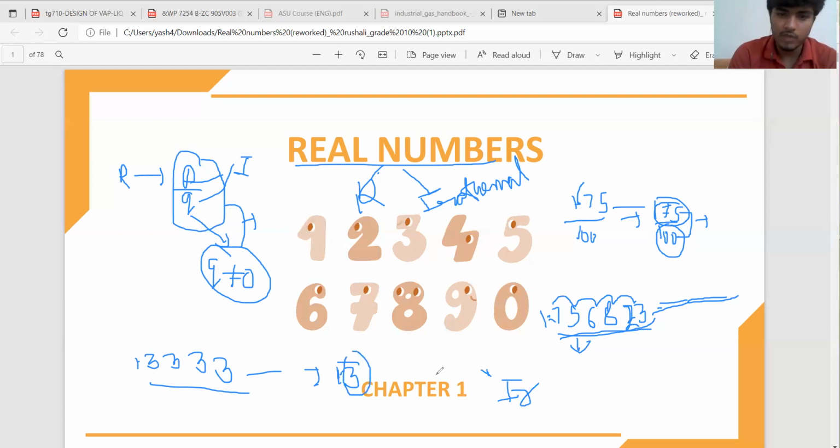If the repeating part is 75, we put the bar on 75. So we have a number like 1.333, which is non-terminating but repeating. When we have a non-terminating repeating number, we can say that this is a rational number. We have also proved this in class 9th.